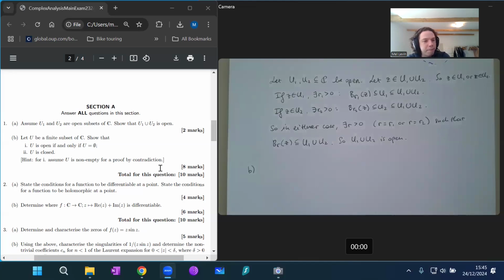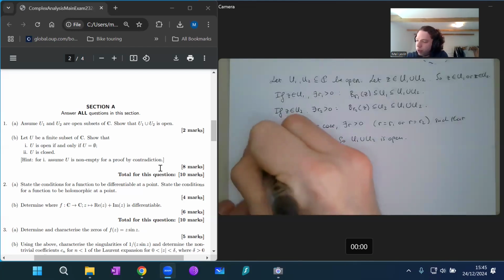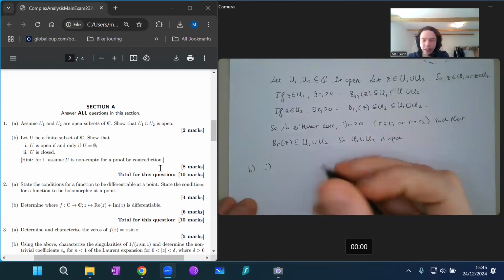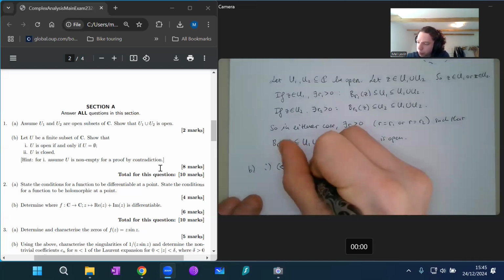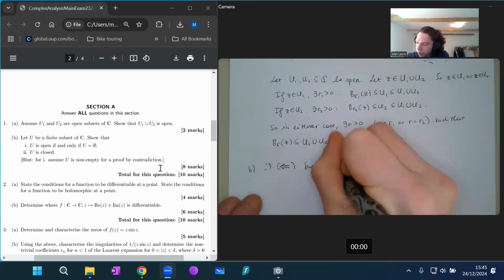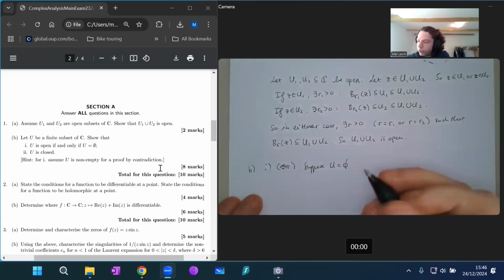Or a proof by contrapositive, I suppose. So this is an if and only if statement we're trying to prove in 1. So we need to prove both directions. Let's do this direction first. So suppose U is empty and we'll prove it's open.